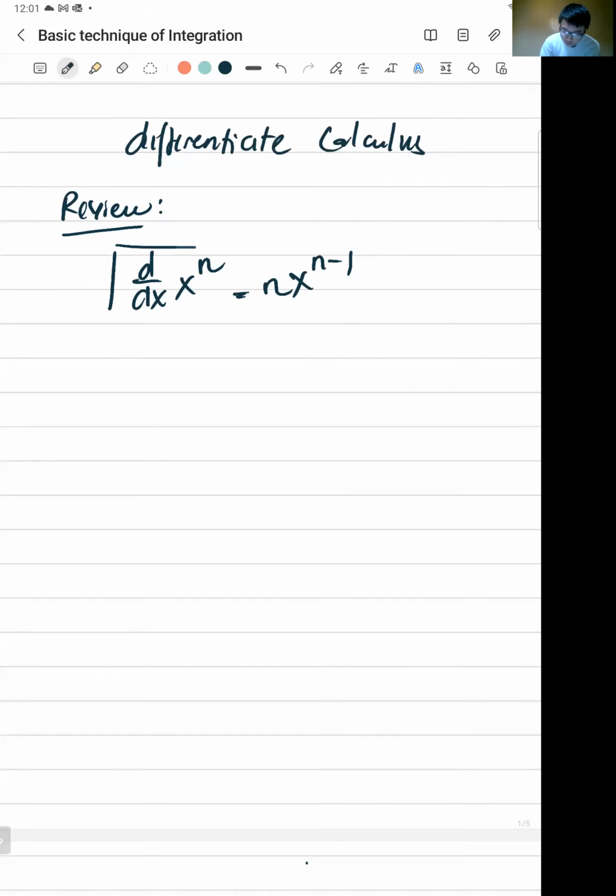And this is the general formula for differentiation.